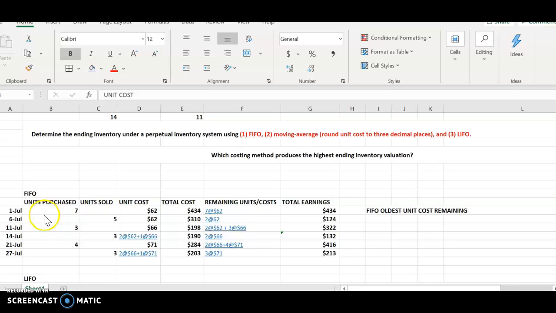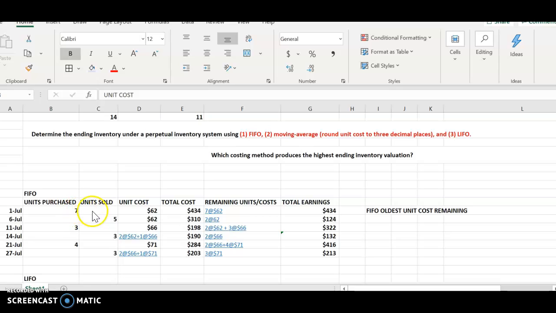And then on July 6th, we sold 5 of our units. We have to remember that under FIFO we use the oldest unit cost remaining. The oldest cost remaining is 62, so we multiply units sold times 62, and that gives us 310.